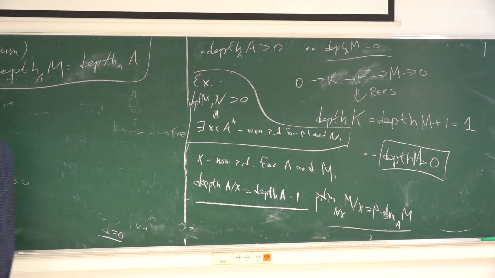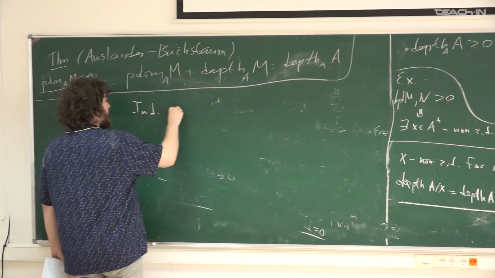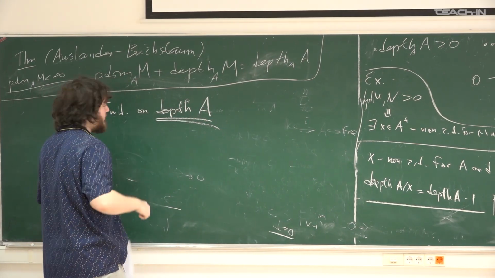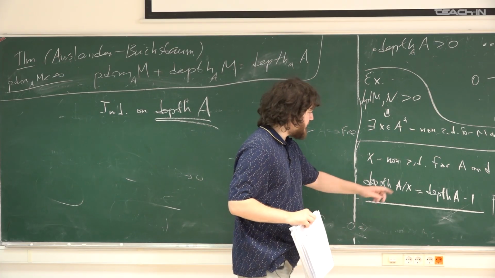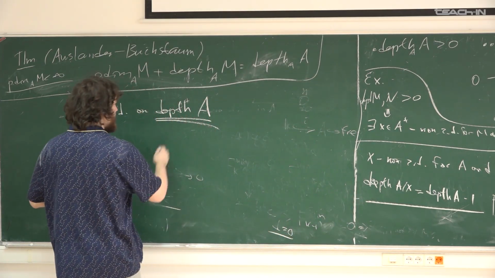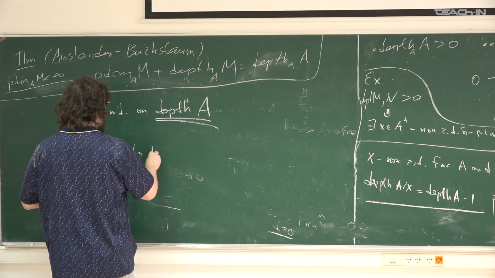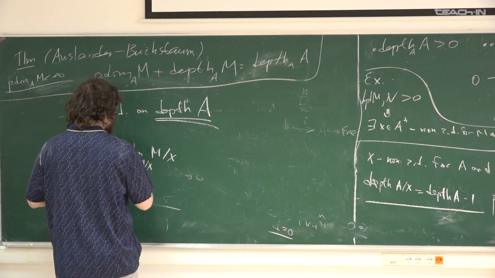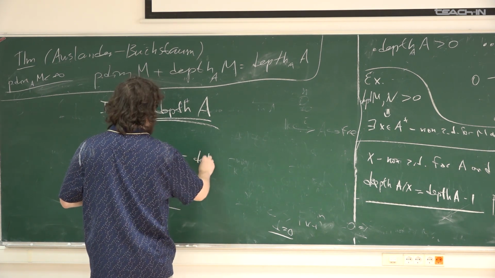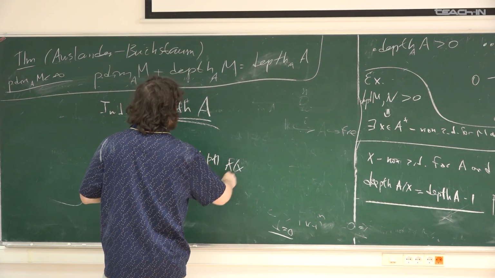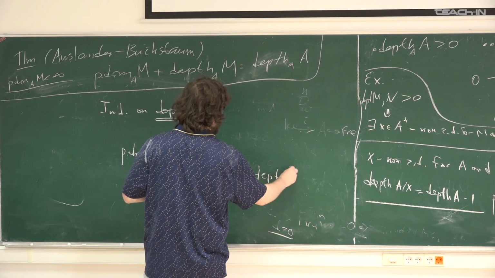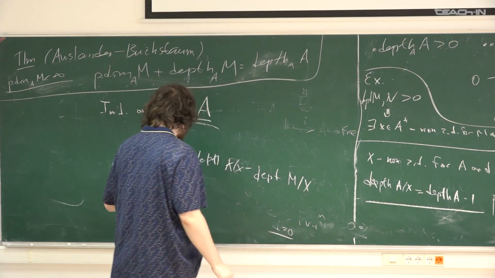And now, if we use induction on depth of our ring, then for our step to A modulo x, we can use this induction assumption. So we obtain that projective dimension of M modulo x over A modulo x is the same thing as depth A modulo x minus depth M modulo x.